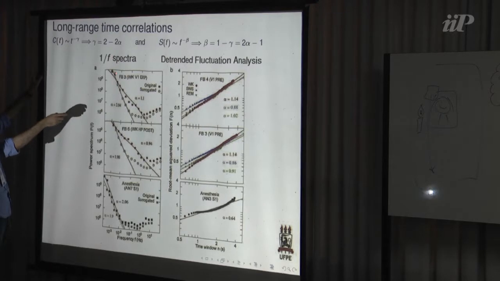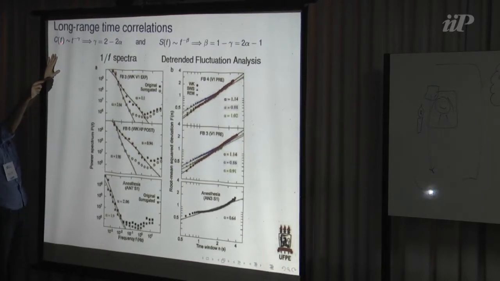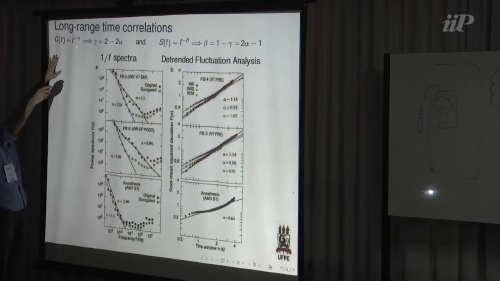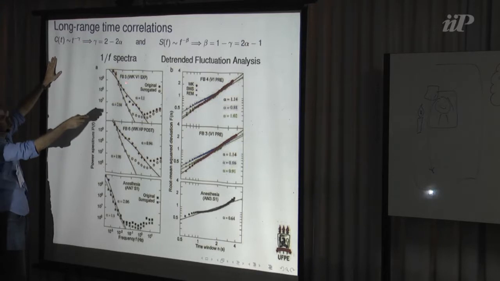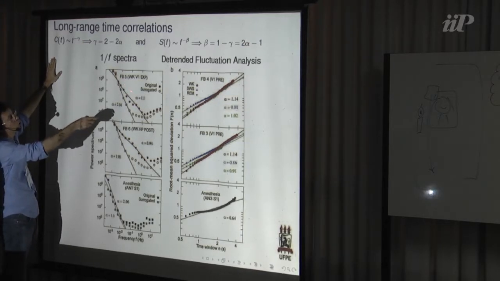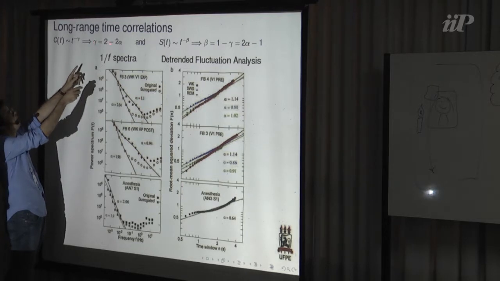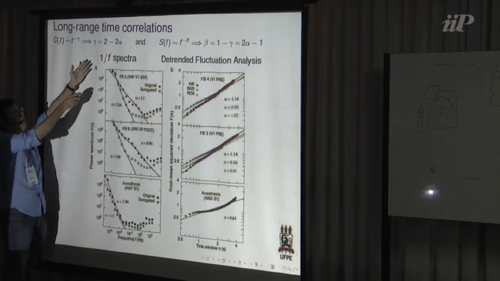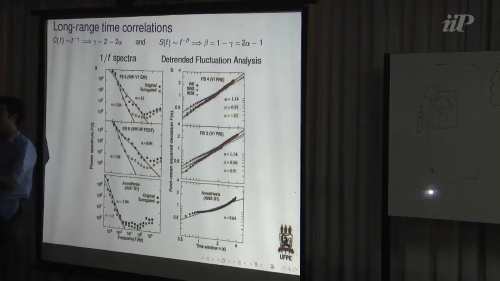Essentially, if your time correlations go with tau to the minus gamma, then your spectrum goes as 1/f to the power alpha, and the relation between gamma and alpha is this one. If alpha is close to 1, then gamma is close to 0.